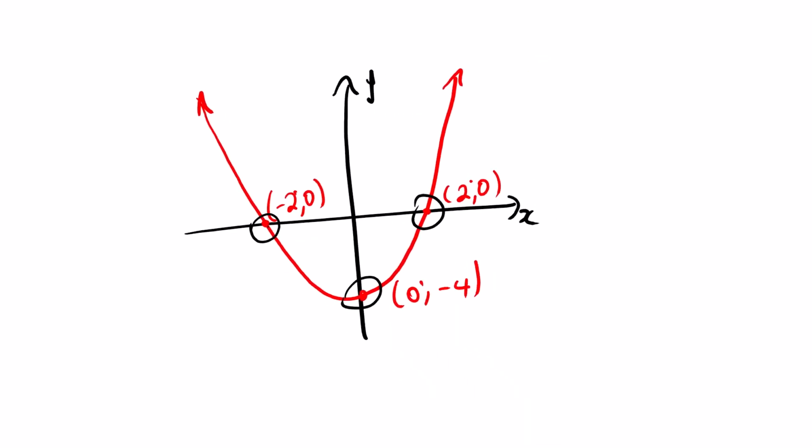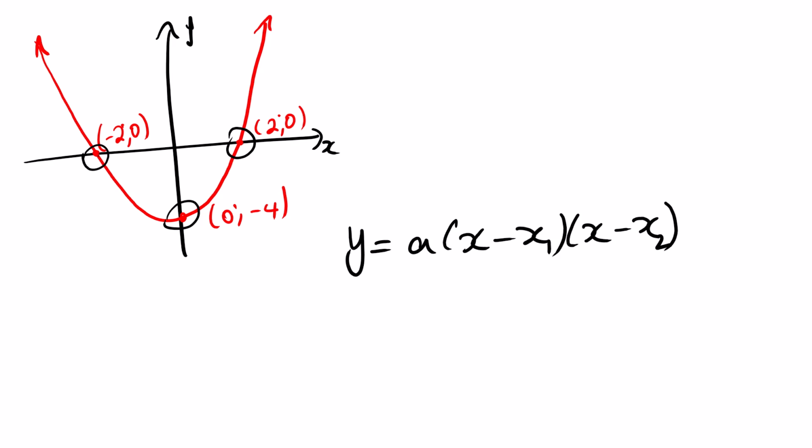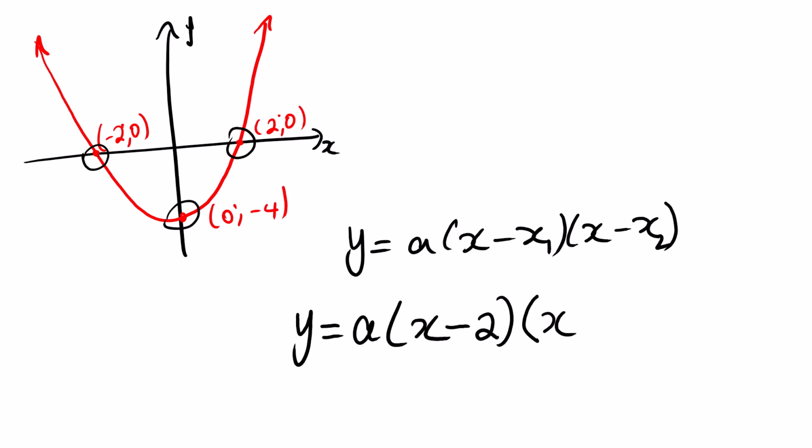So let us go straight to the point and generate the equation for this particular function. This is our equation: y = a(x - x1)(x - x2). So we have y is equal to a. Where we see x1, we substitute one of the x-intercepts, so we have -2, then x minus 2.